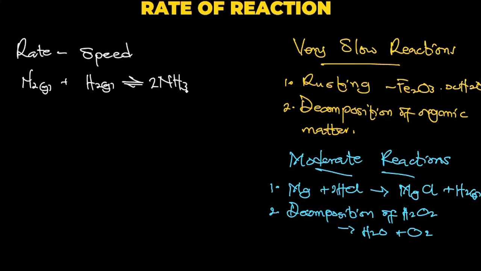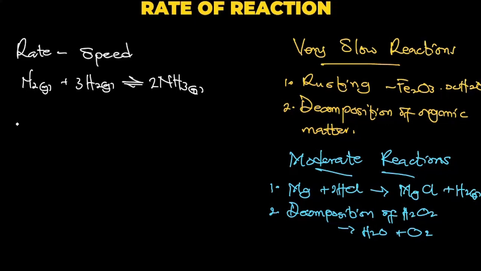So 2 moles of ammonia. That means we'll put 3 here. Now this is a reaction that is moderate. If we talk about the rate of the reaction, then we are looking at how fast this reaction can occur.